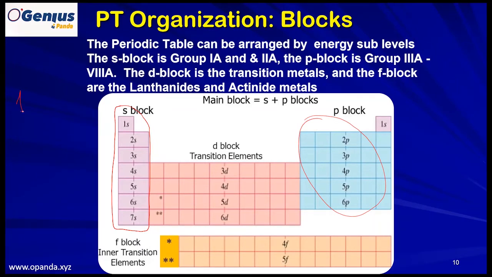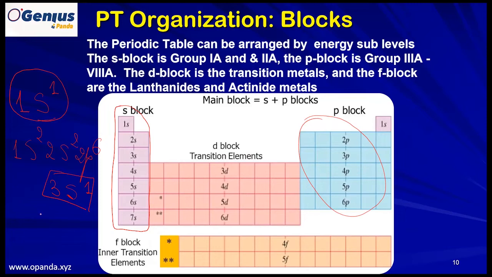For hydrogen, we have this electronic configuration. For sodium, we have 1s2, 2s2, 2p6, and 3s1. So the orbital which is being filled last here is S. So sodium will be in S block as well as hydrogen.